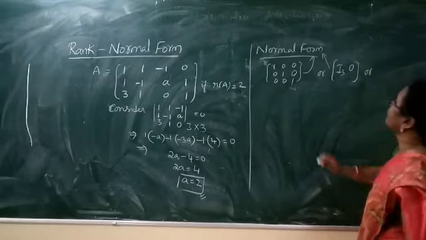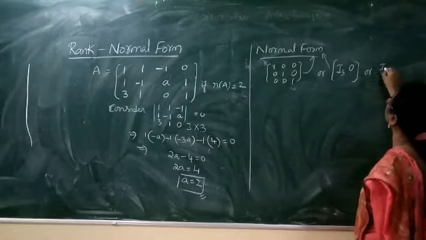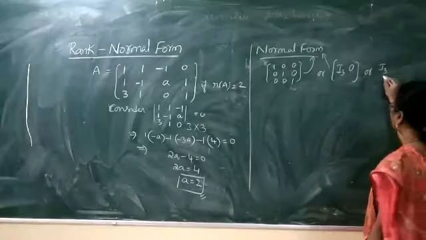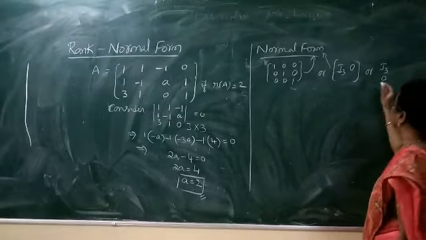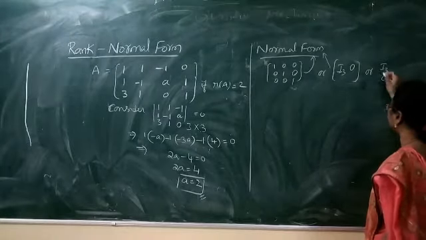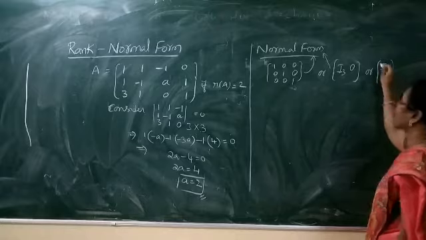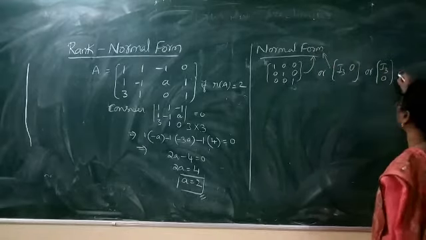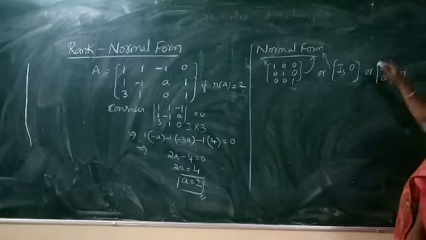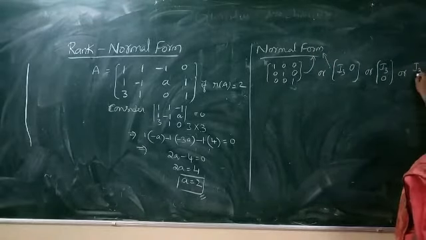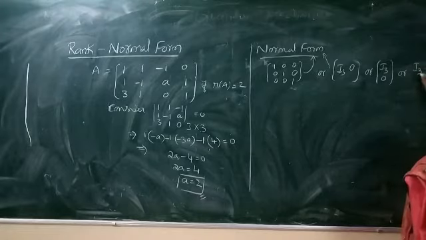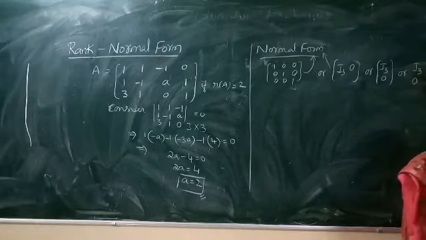Similarly, we can also have along with this I3, the 3 rows and 3 columns, a row of zeros, which we write as I3 with a 0 row, also called the normal form. And we have one more form. Along with the 3 rows, 3 columns of I3, we have a 0 column, a 0 row and a 0 element.